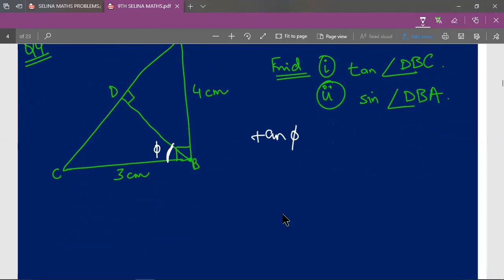It says that with respect to angle phi, tell us tan phi. In earlier videos, I have posted that there are 6 formulas, 3 complex and 3 simple. One of the 3 simple formulas is tan theta. In a right angle triangle, perpendicular upon base is the formula for tan theta. So tan phi asks us, with respect to angle phi, tell us perpendicular upon base.